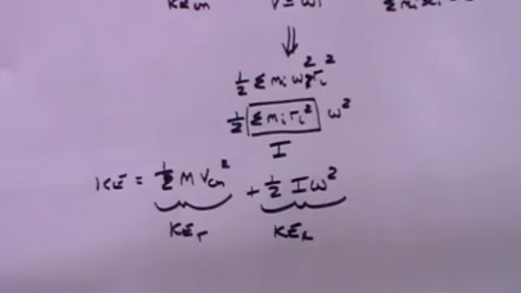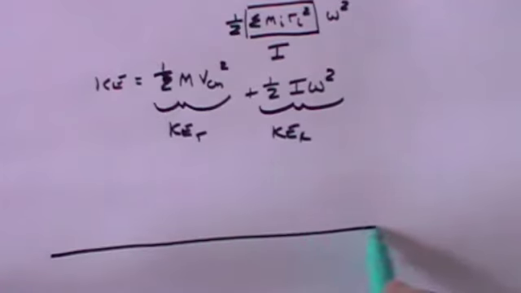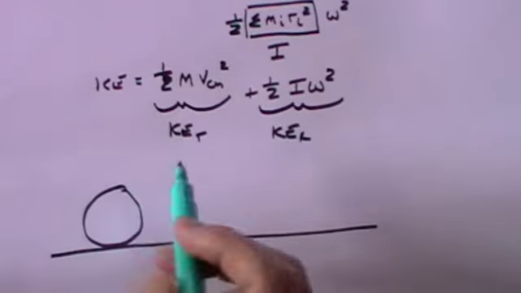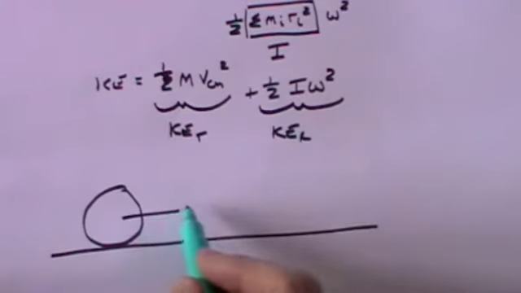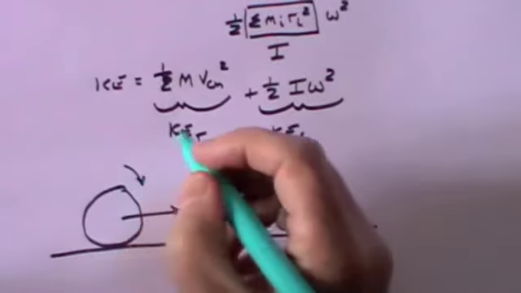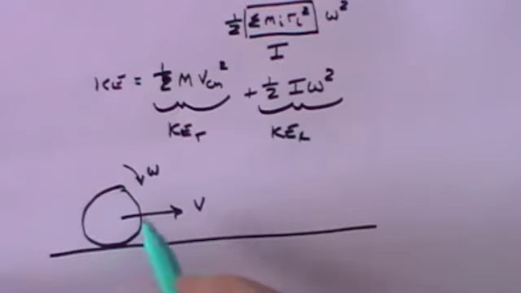Let's then consider a disc or wheel rolling along the ground. Here is the disc, and it has a velocity, because it's moving in this direction across the ground, at velocity v. But it also has an angular velocity as it moves along of omega.